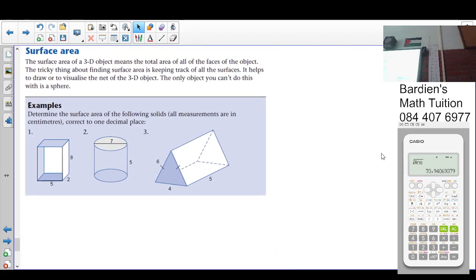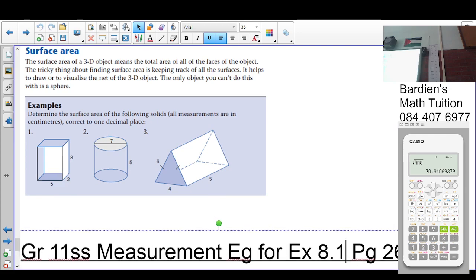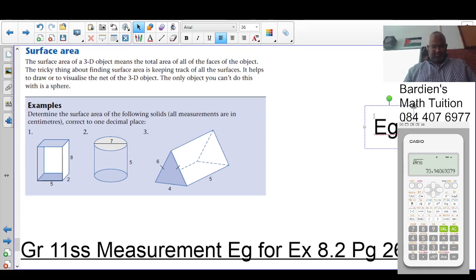Okay, which page are we on now? 262. And these examples are on page 262.